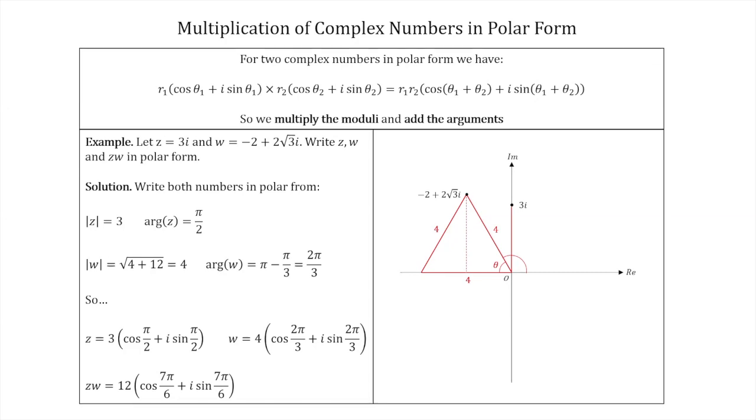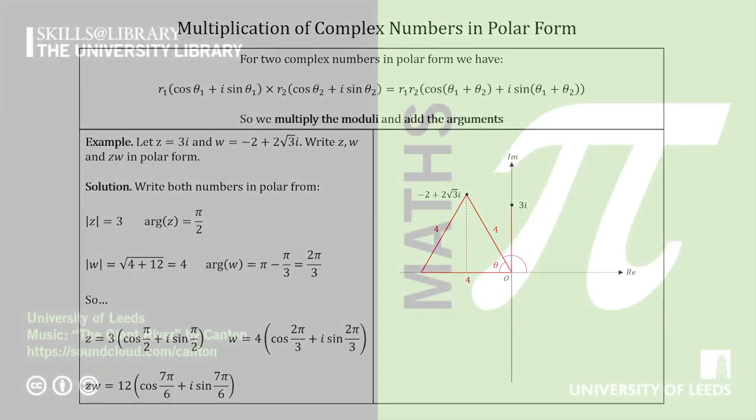So always just check that the argument you find is within the range for the principal argument, which is either 0 to 2 pi, or some people take it as minus pi to pi. And if it's not in that range, you just need to minus 2 pi off it to get it within that range. So this is our final answer for zw, 12 times cos of 7 pi over 6 plus i sine 7 pi over 6.